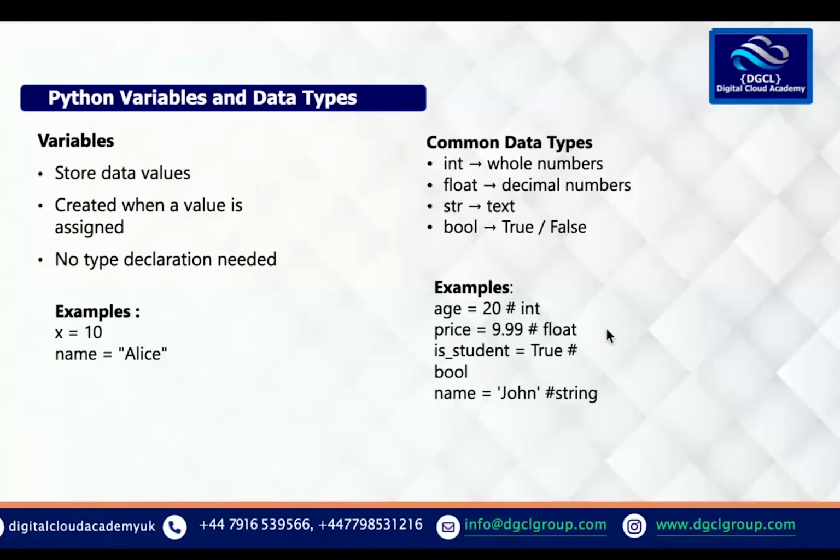Our price is a float. True is a boolean, and name we can see is a string. It uses single quotation marks, and you can use double also. But the main thing is, if you start with a single one, end with single. If you start with double, end with double. So that's that.